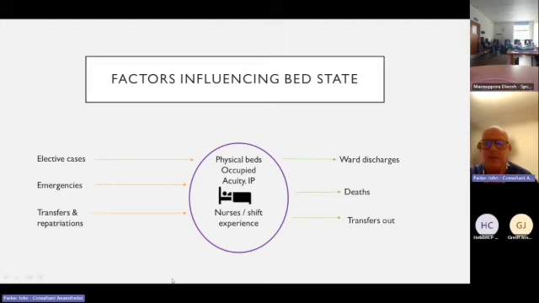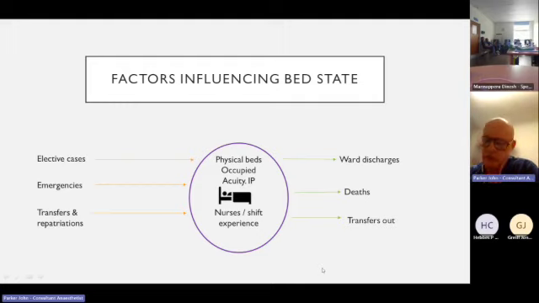And the probability of not having a bed could range from anything from 0% on a really, really good day where nothing much is happening, to almost 100% if we're in a state of crisis with, like, a COVID pandemic or something.